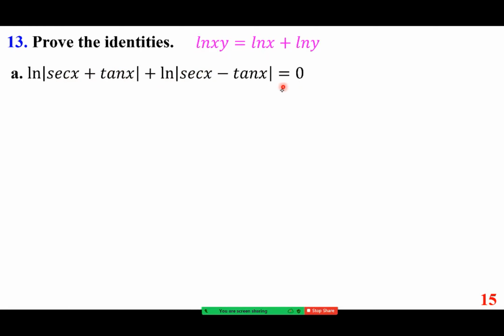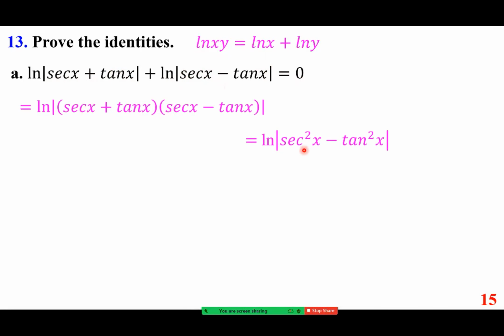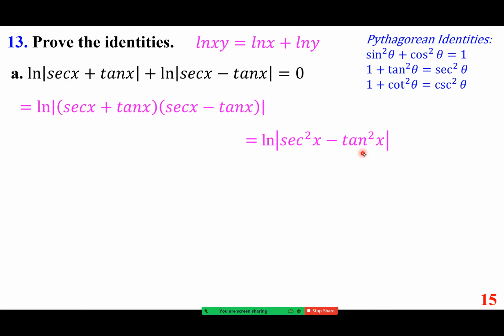Obviously, we want to prove this is 0. So we're not going to start from 0, we start from the left-hand side. So we're going to multiply the two. And when you multiply, you get secant squared minus tan squared. So it's equal to ln of secant squared minus tan squared. And we remember Pythagorean identities.